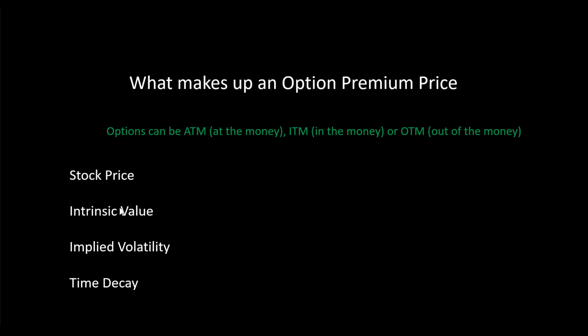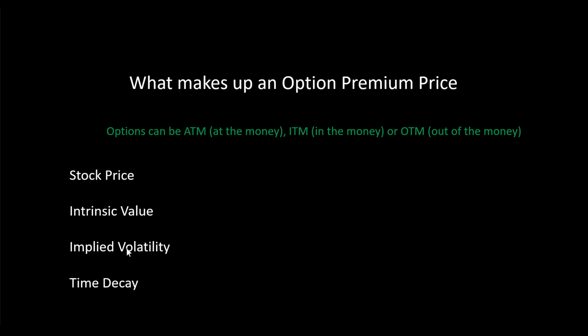The intrinsic value is the difference between the strike that I took and what the stock's trading at. So if I took a $95 call and the stock's trading at 100, I have $5 of intrinsic value. In other words, that option is worth $5 just because the stock price is $5 higher than that. That's called intrinsic value. So no matter what, I'm going to have $5 of value in that option as long as Microsoft stays at 100.